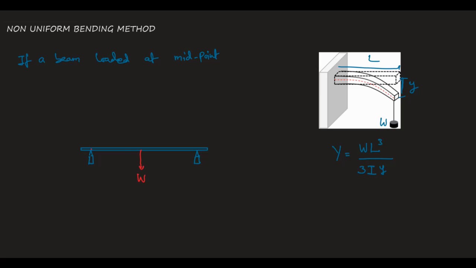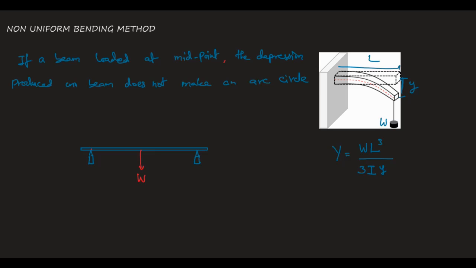Because of that weight there will be a depression, and the depression produced on the beam does not make an arc of a circle.